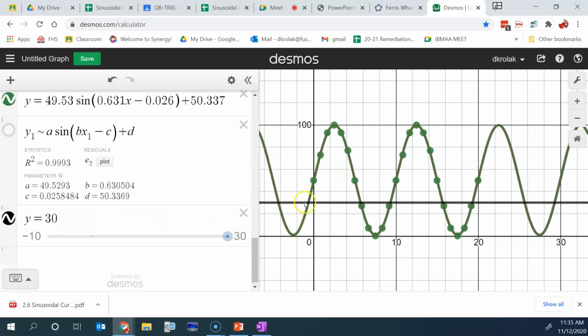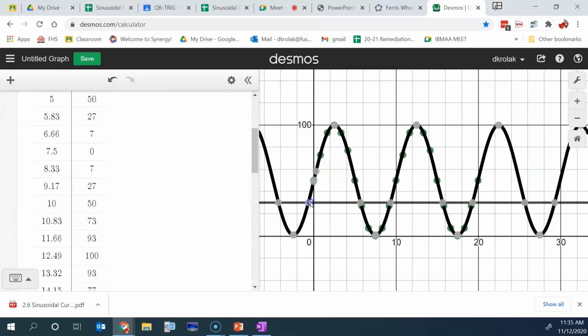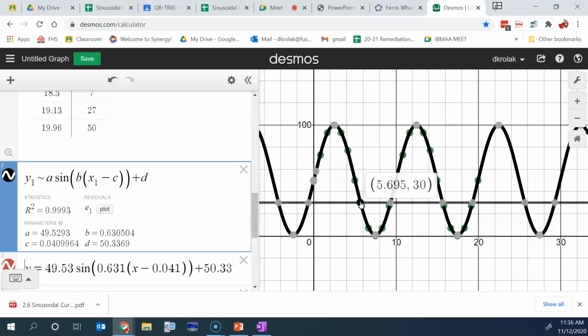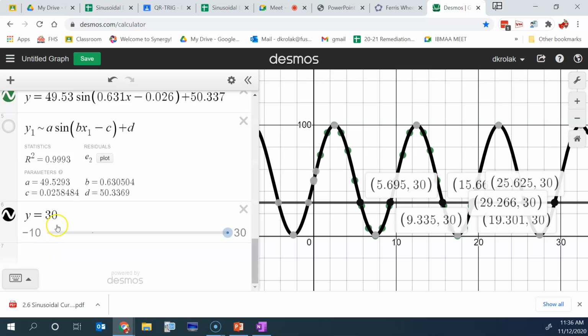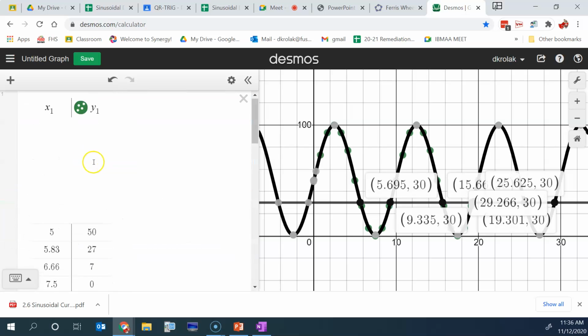Now, every place where it touches the graph: this one doesn't make any sense because that would be negative 63 seconds. So at 5.6 seconds, at 9.3 seconds, at 15.6 seconds, at 19.3 seconds, at 25.6 seconds, etc. So by drawing horizontal and vertical lines, we're solving this equation.